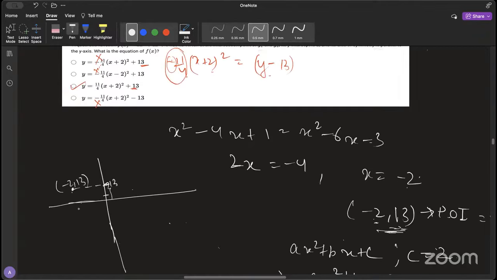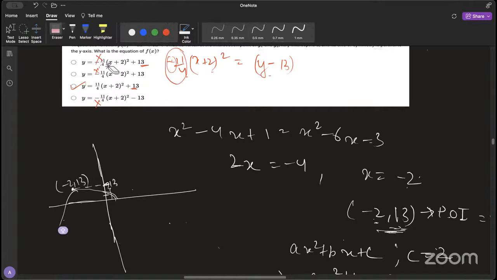If it opens upwards, it's going to intersect the y-axis above 13, right? Yes. If you want it to intersect here at 2, you'll have to take the downward parabola. That means the parabola should be downwards.